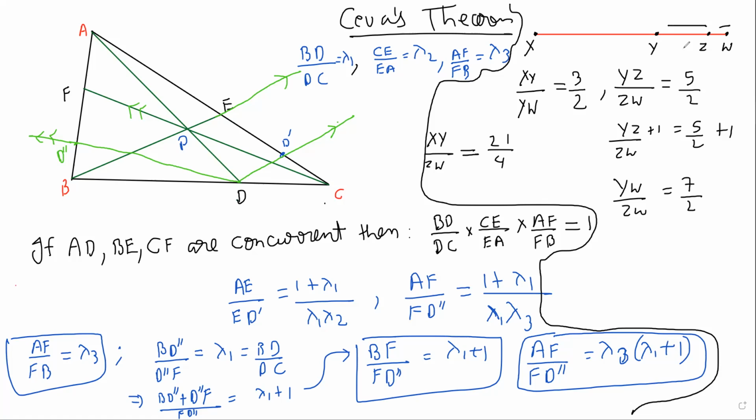We're trying to combine it and get yw in the picture somehow. Because we want to find xy, we want to have xy in the ratio, but we do not want z. We do not want yz. Is that right? Why we don't?